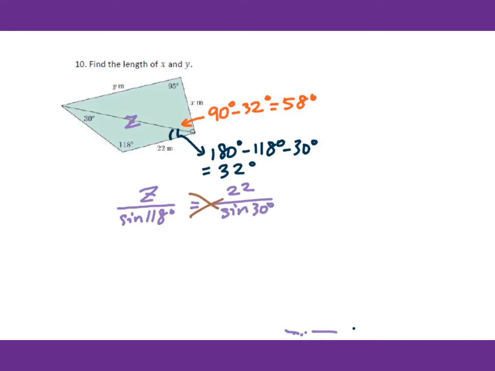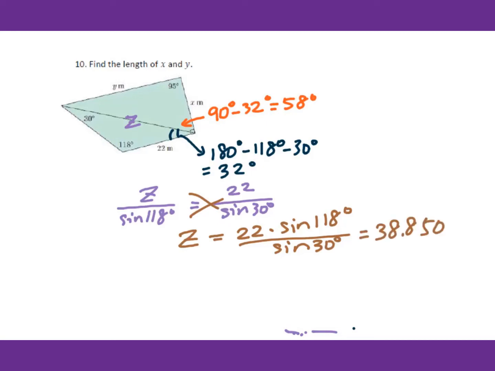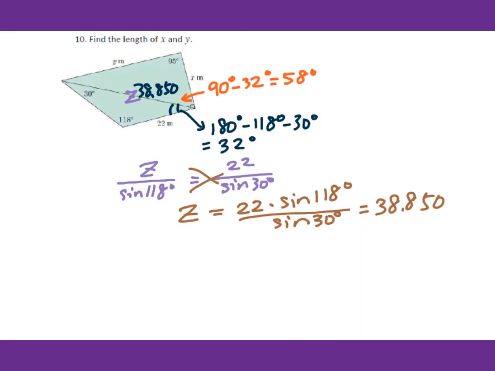So cross multiply, you got z equals 22 times sine 118 degrees over sine 30 degrees. Put it into the calculator, we got 38.850. Let me label here 38.850.